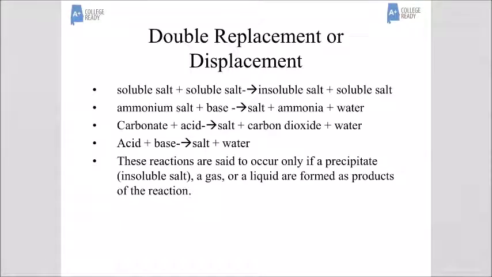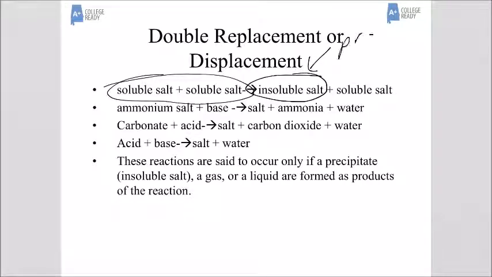So the next to last type of reaction we need to mention is called double replacement reactions. There's several things that can happen here. In one case, we can have two soluble salts, two aqueous salts, reacting together to produce an insoluble salt, a precipitate, plus a soluble salt.